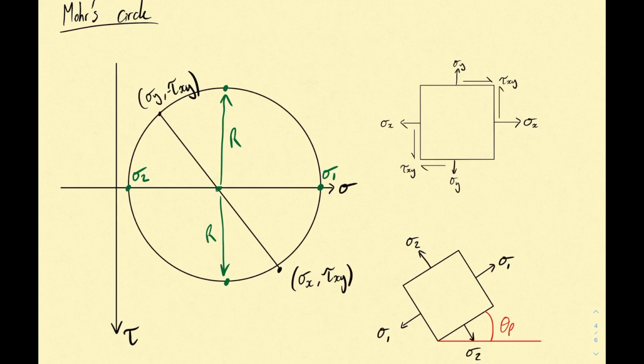So on the Mohr's circle, that is basically this rotation here. And remember before I said a rotation in real life of theta is equivalent to a rotation of 2 theta on the Mohr's circle. Okay, so 2 theta. And that's all there is to the Mohr's circle.